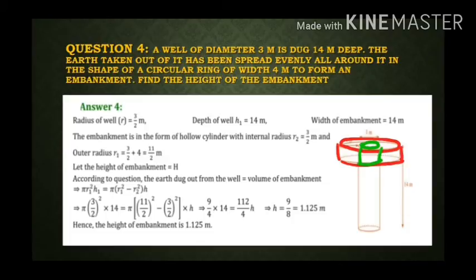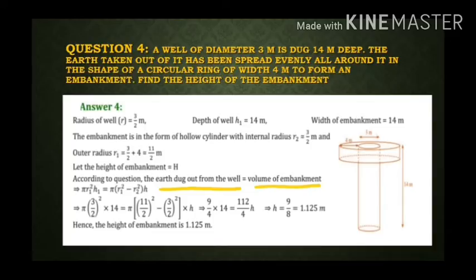So if you find the volume of the outer cylinder and then the volume of the inner cylinder, and subtract this green portion from the orange portion, you will get the volume of the circular embankment. Therefore, according to the question, the earth dug out from the well is equal to the volume of the embankment.